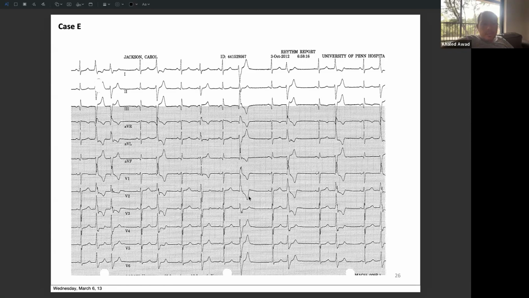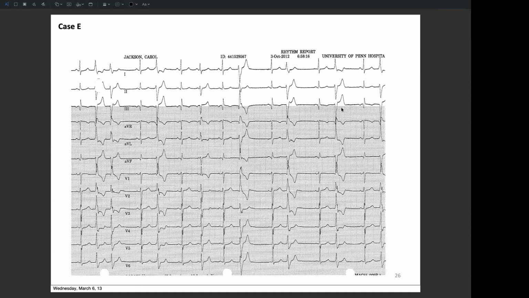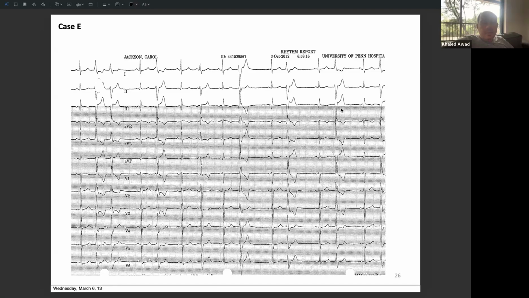So we do see the alternation in the axis. For the most part, they're negative deflections in the inferior leads. And you can see that when it is superiorly directed, we have something that looks almost positive all the way, not exactly.